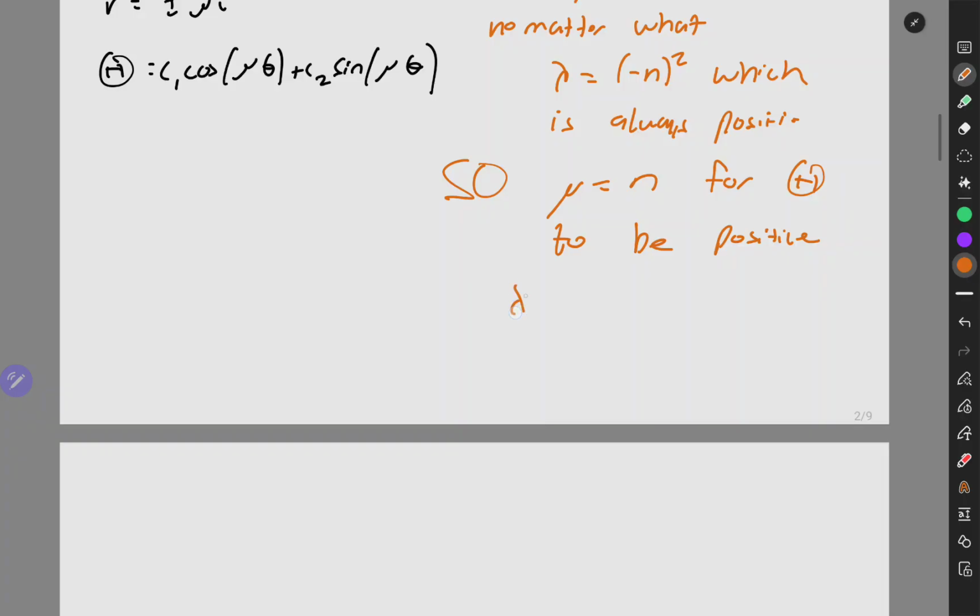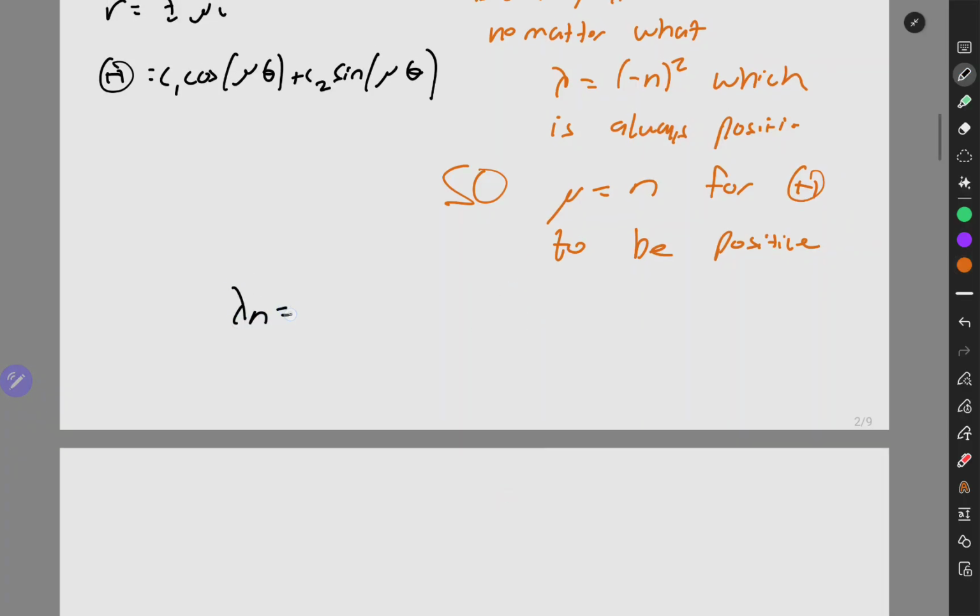So let's write out our things here. We know lambda n has to be equal to n squared. So then theta n is equal to C1 cosine n theta. I'm actually going to use a_n and b_n because we're using n now.